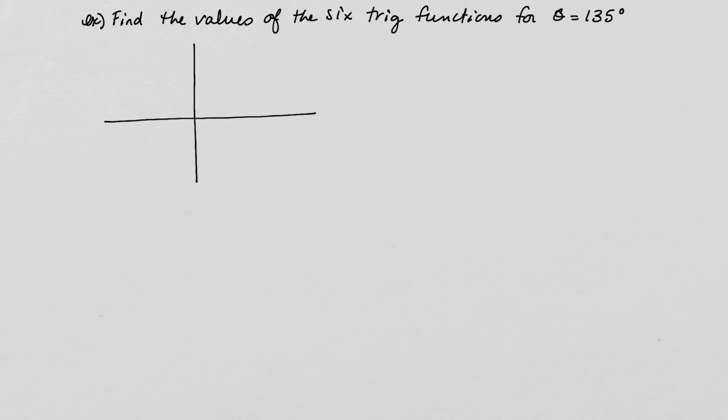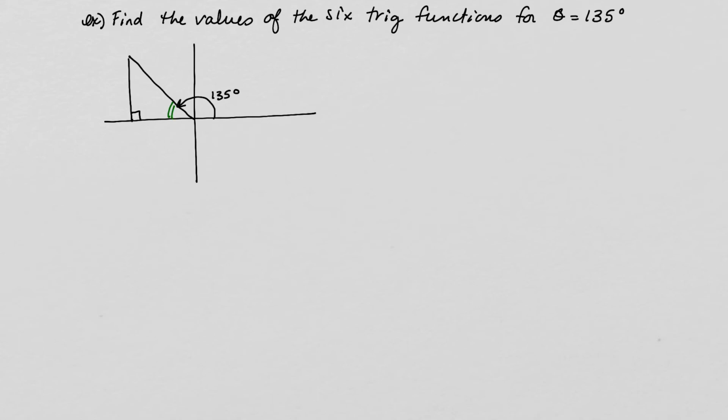So 135 degrees is in the second quadrant here. So from here to here is 135 degrees. So again, my reference triangle, I'm going to draw it down to the x-axis. For the reference triangle, we have to figure out how many degrees that green part is.